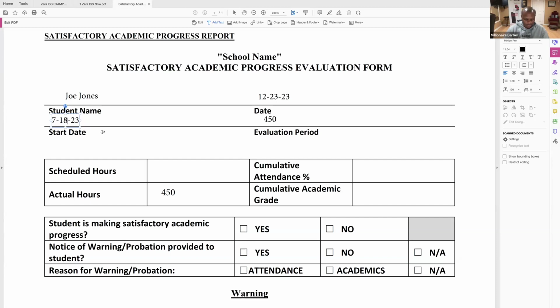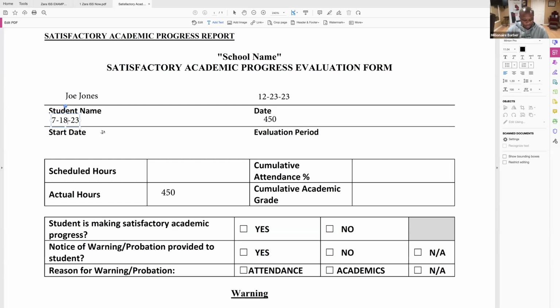August 1st. 3. The 8th. 4. 15. 5. 22nd. 6. 29. 7. September 5th. 8. 12. 9. 19. 10. 26. 11.